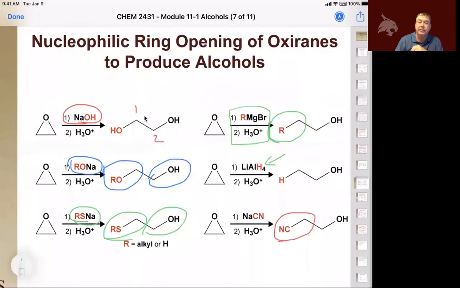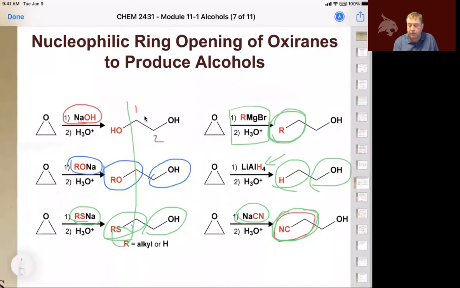We can do that exact same thing with that new nucleophile, the hydride, the hydrogen -1, and we get a hydrogen on one side and the OH on the other. And again, any good nucleophile will open this ring, creating another opportunity for us to create a carbon-carbon bond, just like we did up here. Notice we have carbon-oxygen bonds, carbon-sulfur bonds, carbon-hydrogen bonds, and these two give carbon-carbon bonds. So that means those two that give carbon-carbon bonds give us an opportunity to create bigger and bigger molecules.